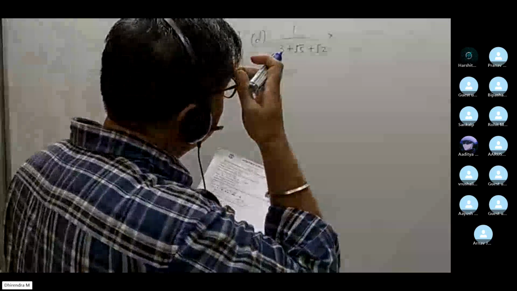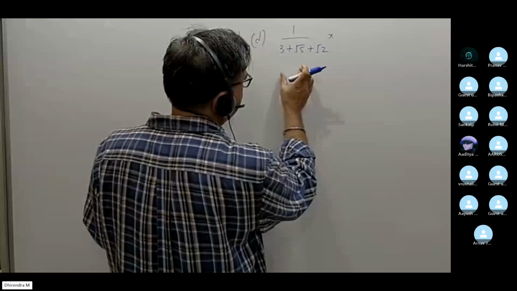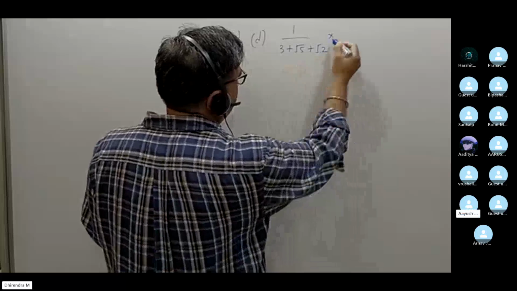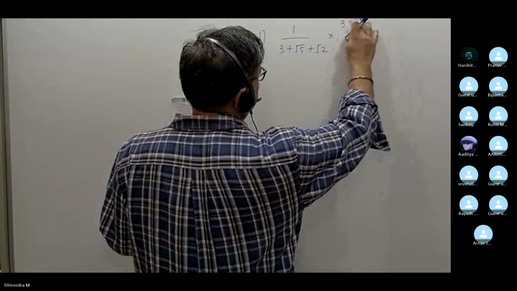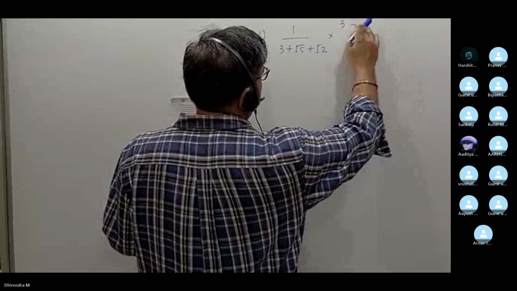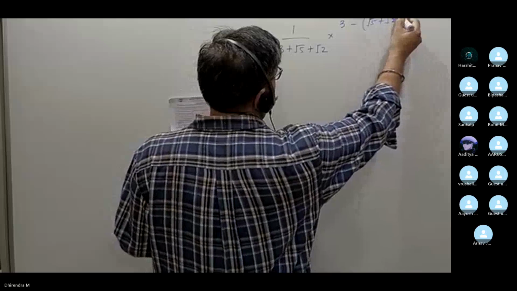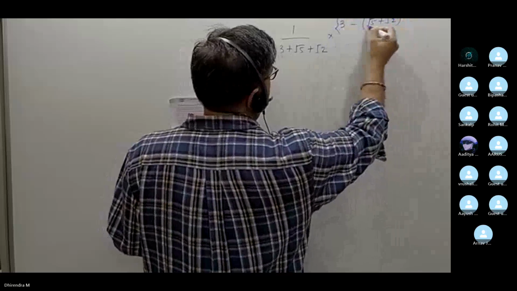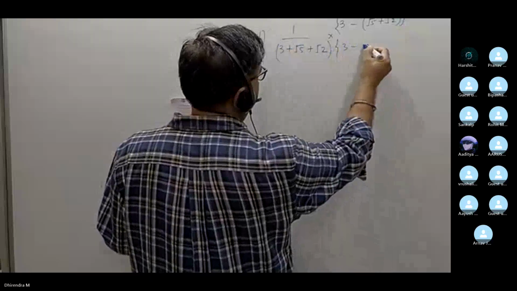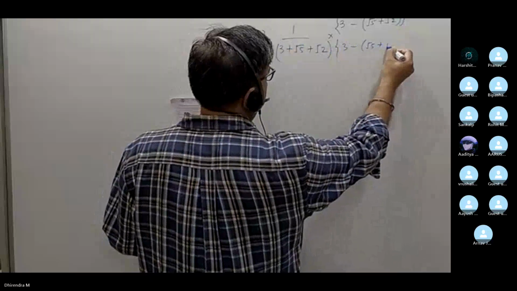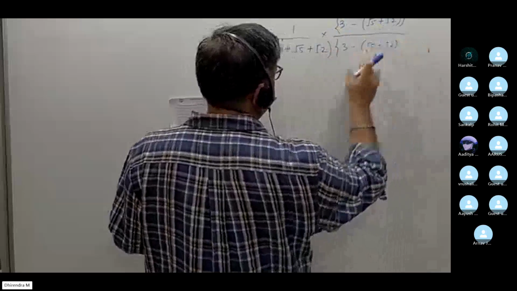Group things together such that you can take anything, so probably 3 plus 5, 3 plus 2. Do it this way. Yes, so this is how we do, right?